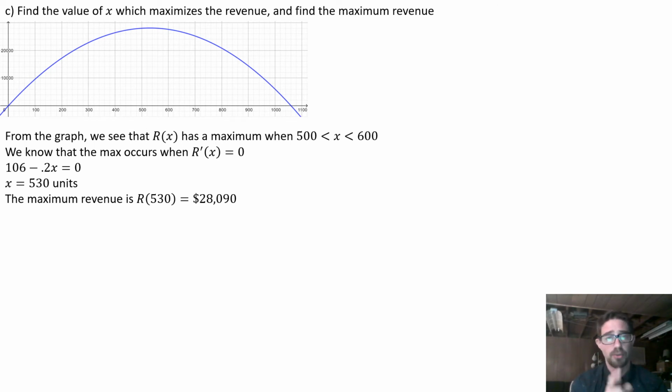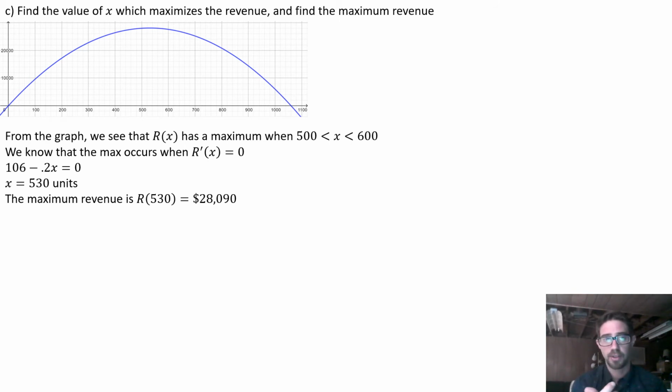So all I'm asking you for is the y coordinate of that vertex, right? If you already have this in the calculator, just do calc value 530 or whatever, or just plug this back into R. So you use R prime to find the x value of that sweet spot, and then you plug that number back into the original function.